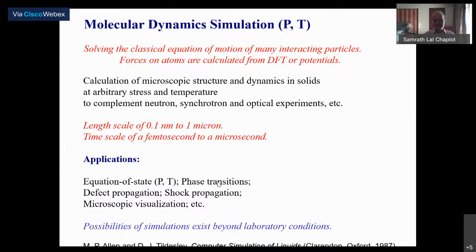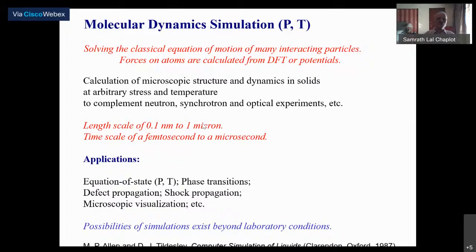Also, the time scale of this dynamics inside a solid is typically the time scale of the atomic vibrations, which, as we already learned, is in the range of a picosecond. Therefore, the time scale that you can really access by molecular dynamics simulation could be as low as a femtosecond to perhaps a microsecond, beyond which the calculation becomes again very time consuming.